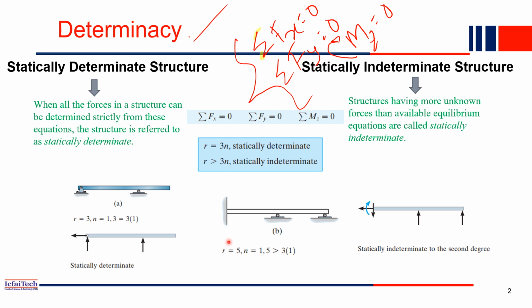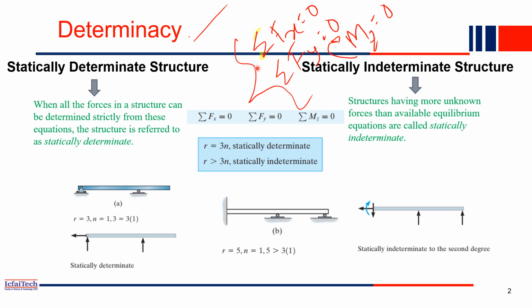If we can determine all the reactions of a structure using only the equilibrium equations, then we call the structure a determinate structure. We already have three equations of equilibrium: summation of all the horizontal forces equal to 0, summation of all the vertical forces equal to 0, and summation of all the moments about the z axis equal to 0.